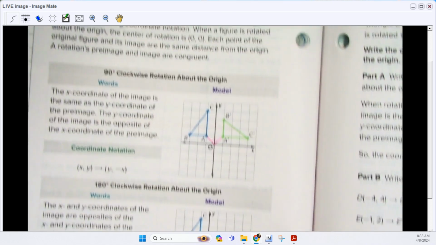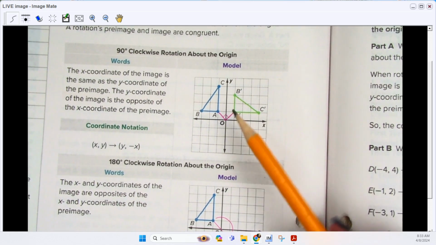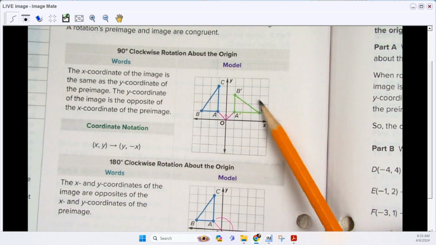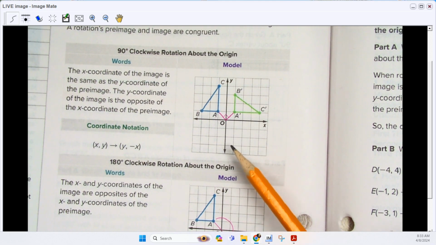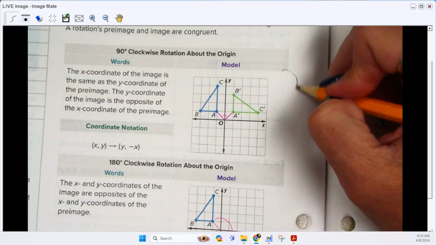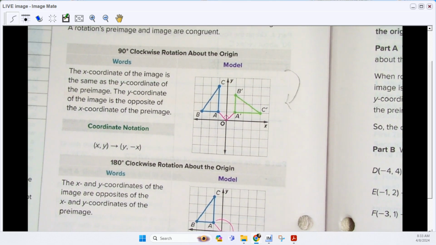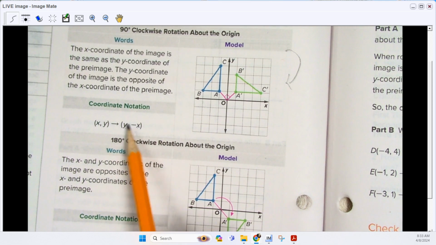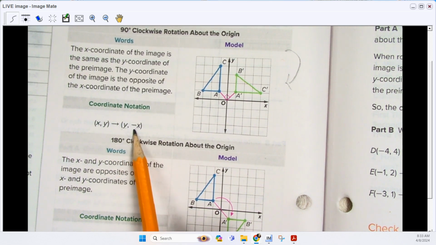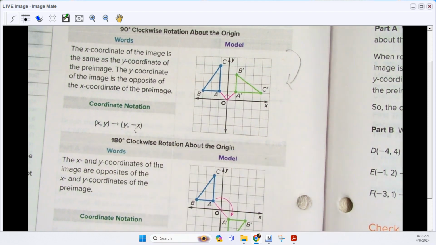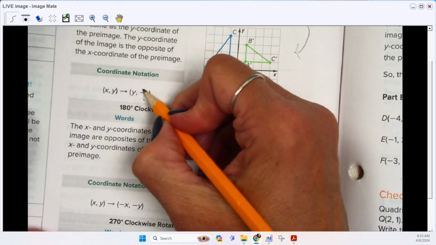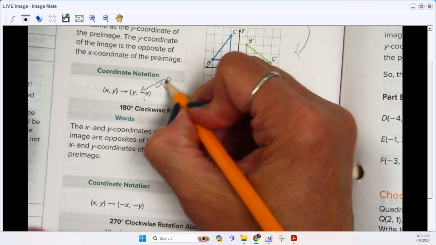If I look at this, from this point to this point, we made 90 degrees. It went 90 degrees clockwise. Again, clockwise is this way, just like a clock goes. So what we're doing is we're switching these, and what's now in the Y position becomes its opposite.